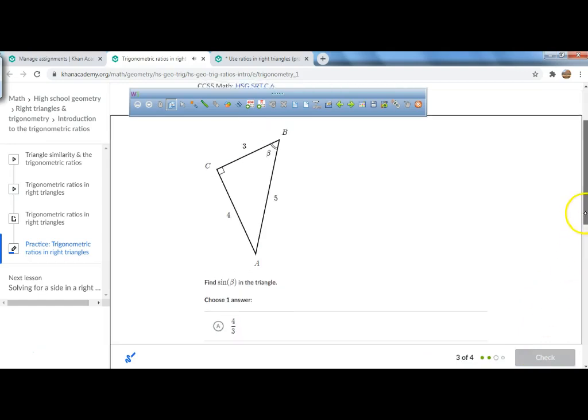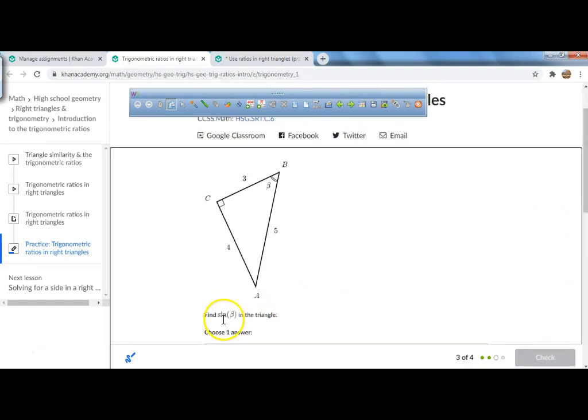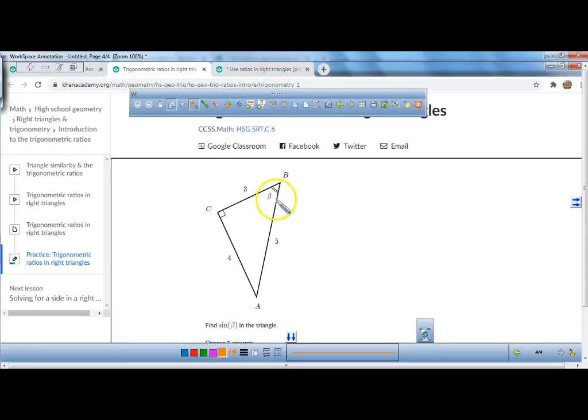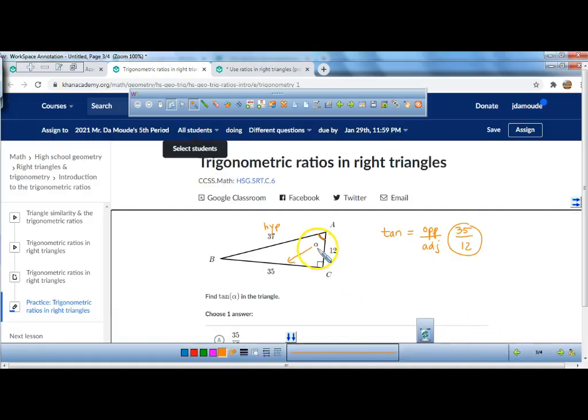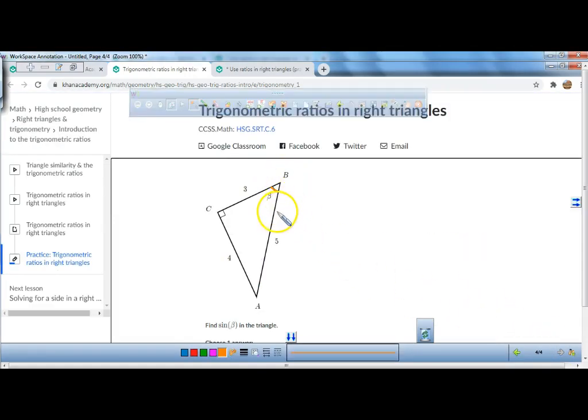Over here it says, what's the sine of capital B? So we have beta here. The other one was alpha. If you're wondering what that was, that's the alpha symbol, but there's capital A. This is beta, capital B. So we're trying to find the sine of B. The sine of capital B is always equal to the opposite side in relationship to the hypotenuse.